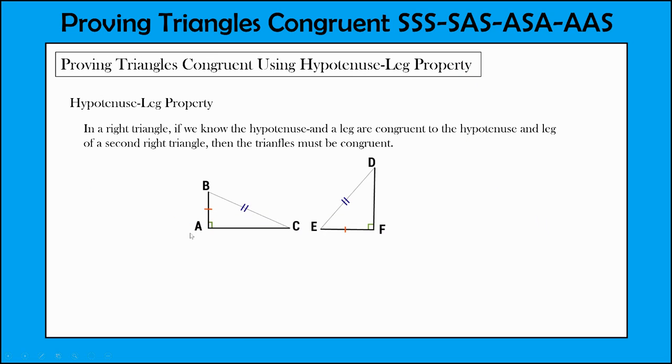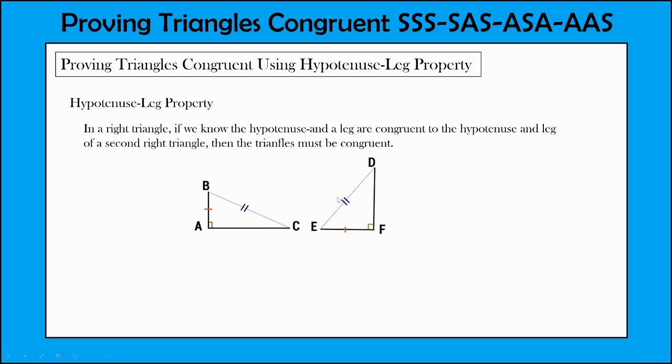Okay. Now, the next idea is this hypotenuse leg concept. Now, hypotenuse leg property, congruence property, allows us to say that two triangles are congruent if they're right angles. Number one, they both have to be right angles. And if we know the hypotenuse, which in this case would be DE and BC, it's the side across from the right angle.